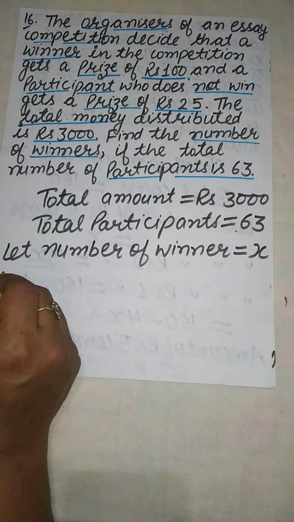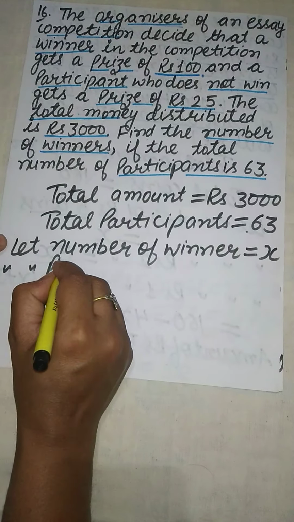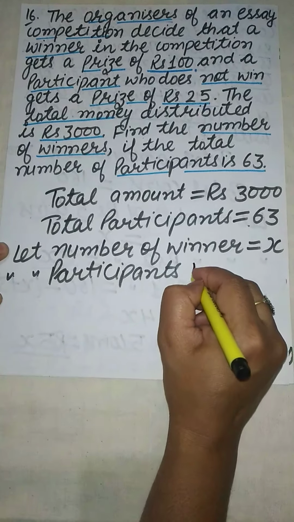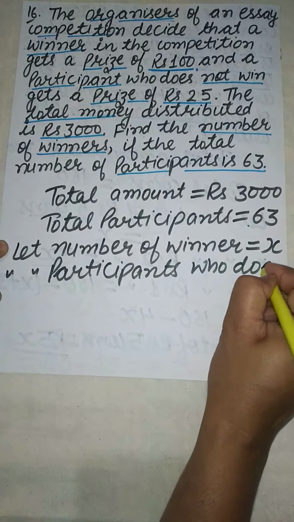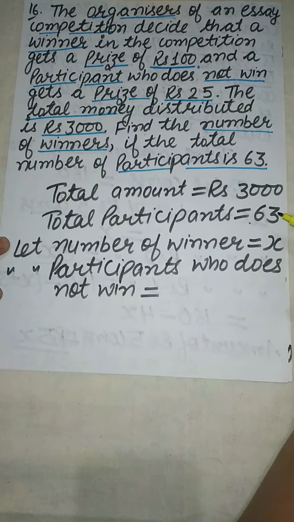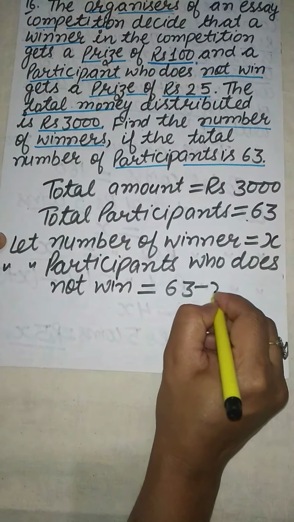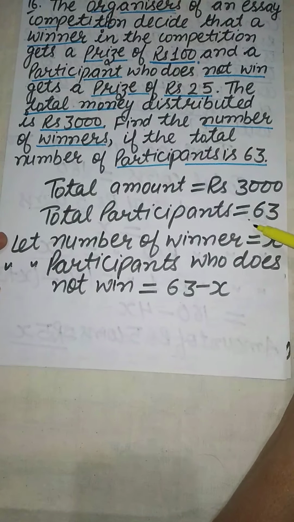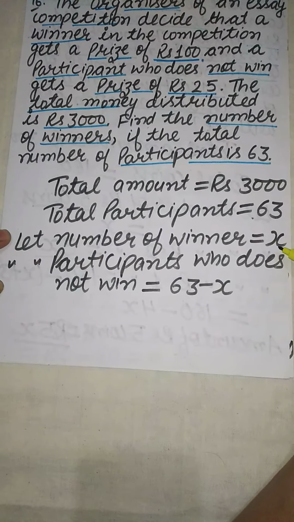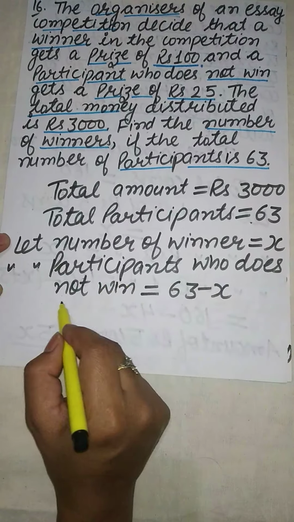So the number of participants who do not win is equal to 63 minus x, because 63 are the total participants and out of 63, x are the winners and the remaining will be 63 minus x who do not win.